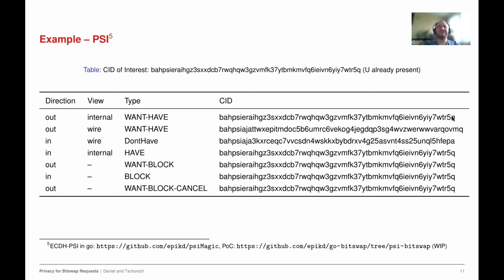The only thing that changes here is the digest, and in this case also the multi-hash code. If you wait a little bit, I'll show you this in more detail. And the important part here is that the don't have answer is also different from the sent want-have. Internally, again, after executing the PSI protocol, you can then determine whether this is a have or a don't have. It's a have, okay, one block, one block cancel.